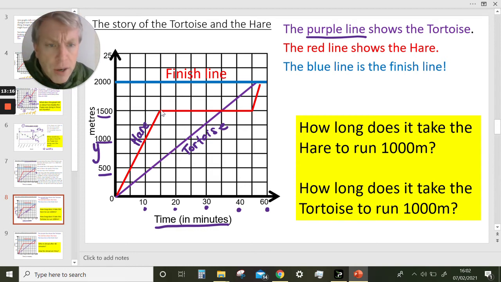So, first question, how long does it take the hare to run 1,000 metres? Okay, what do you think? Can you see?